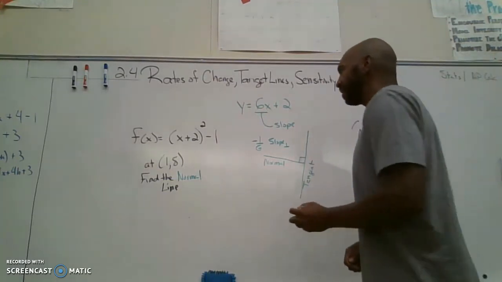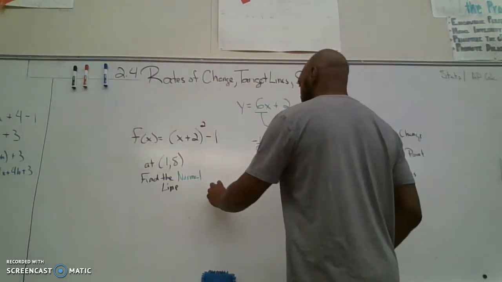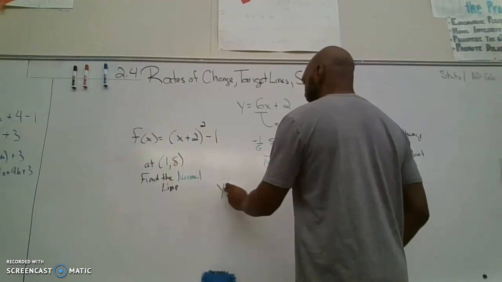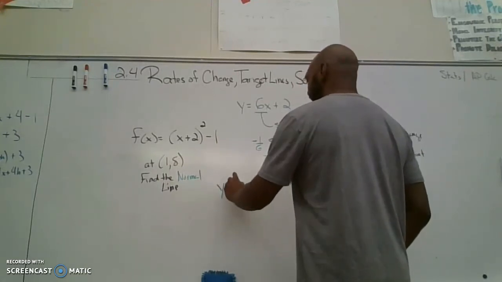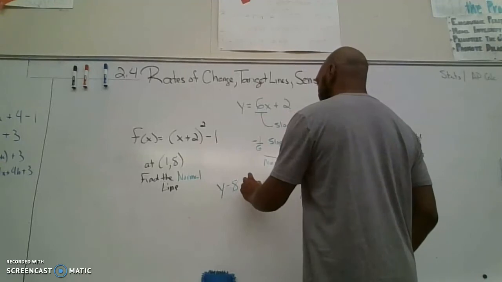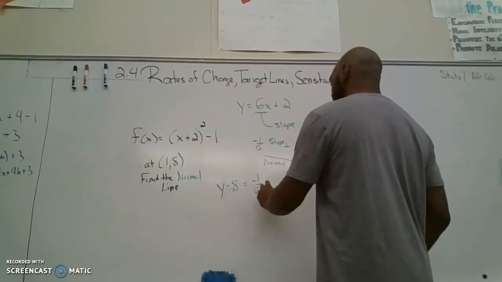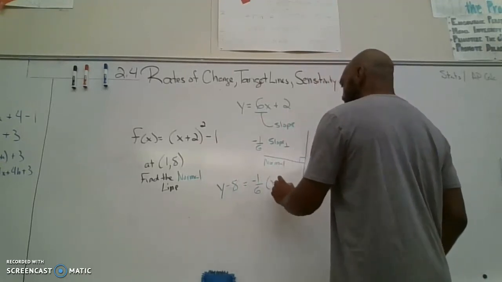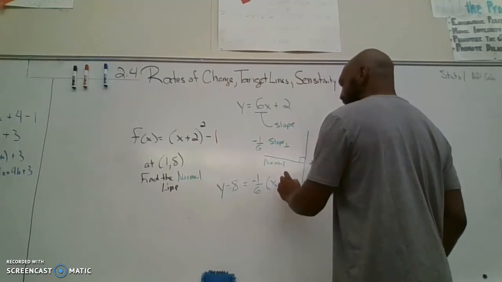And so now all I need to do is go to my formula again. y minus 8 equals negative 1/6 times x minus 1.